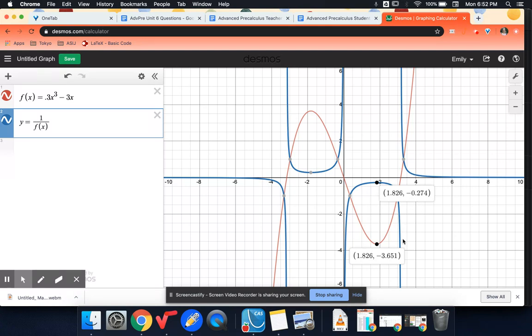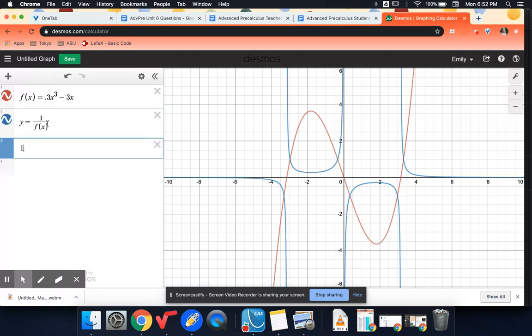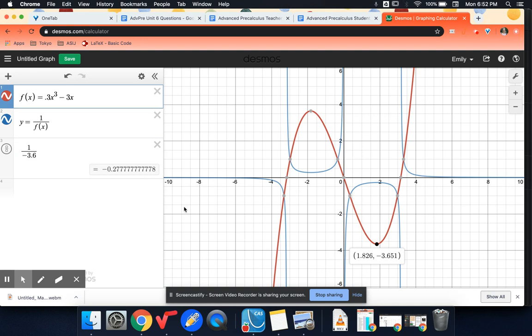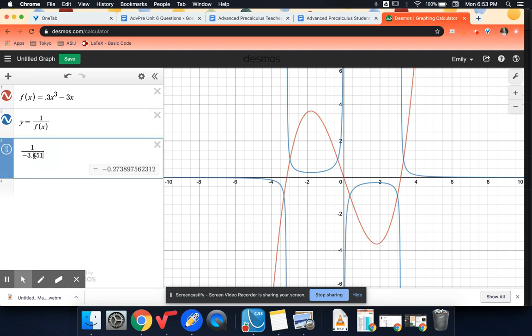Sure enough, I'm going to say that 1 divided by negative 3.6, let's see what that was, 3.651, and we get negative 2.73. And sure enough, those values match. So any minimums become maximums, any maximums become minimums.